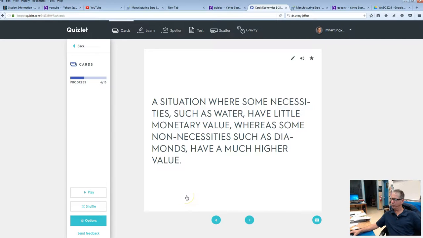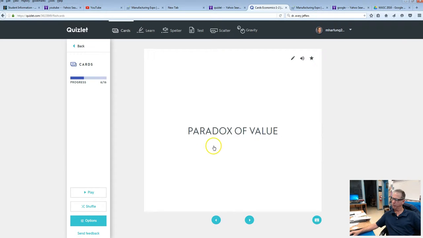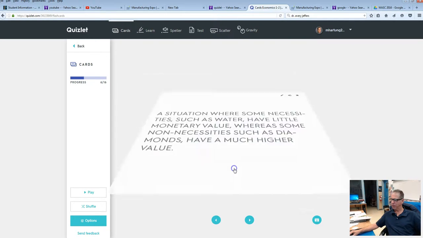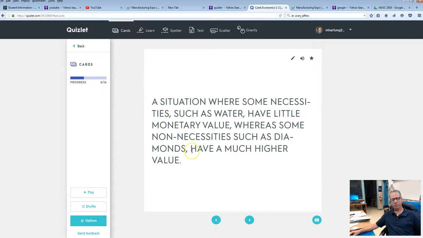A situation where some necessities, such as water, have little monetary value, whereas some non-necessities, such as diamonds, have a much higher value. And this gets to the issue of the paradox of value, whereby we talked in class that water is critical to life, but is really not that expensive, and other things such as diamonds, not critical to life as far as our personal lives go.